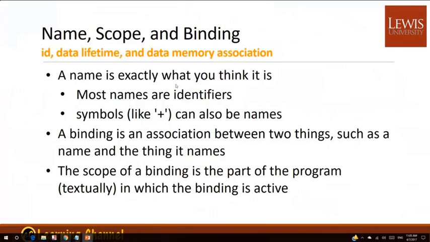So a name is exactly what you think it is. Most names are identifiers, and sometimes they are keywords, sometimes symbols. Like the plus sign can also be a name. The reason why the plus sign or minus sign can be a name is because this sign actually works like a function.